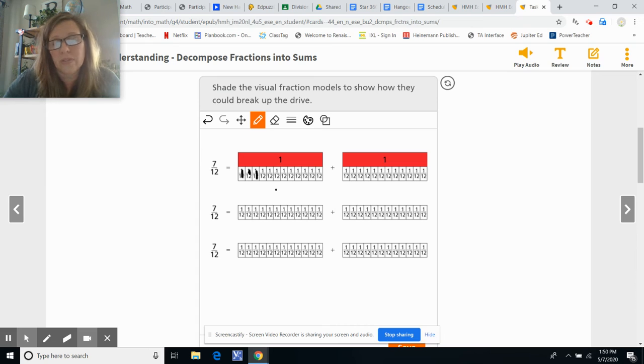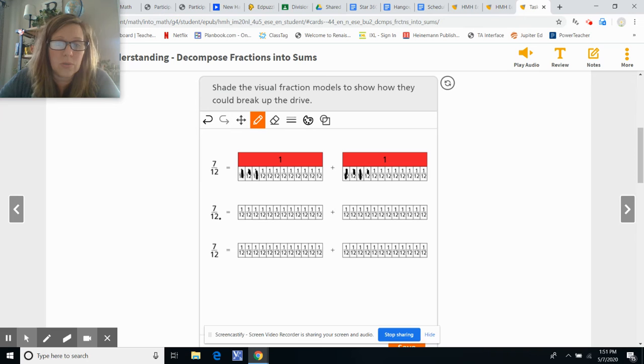If we go 3/12 of the distance and then we take a break, what is the second amount that we need to record before we get to where we're supposed to be going? Well, if we take 3 away from that 7, that's going to give us 4. And so this next part of the drive is going to be 4/12 of the way. Okay, so that's one way. We have 3/12 plus 4/12.